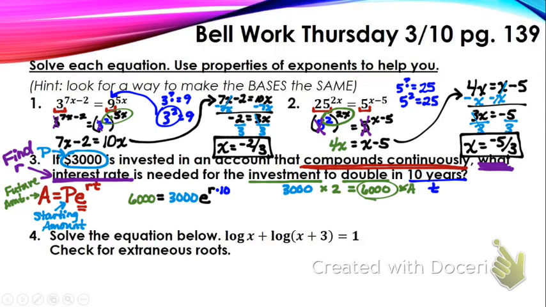So R is a power on what? E. Here's my base. This is what I want to isolate. I can't touch any of those powers. I don't want to mess with the base, so what can I do? You'll have to divide 3,000. Yes, we're going to divide both sides by 3,000.